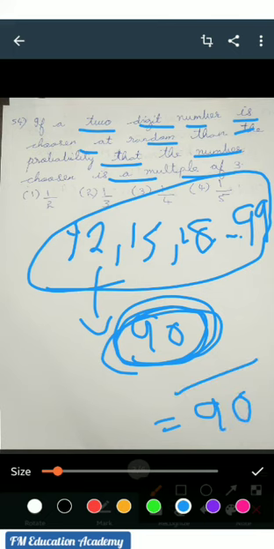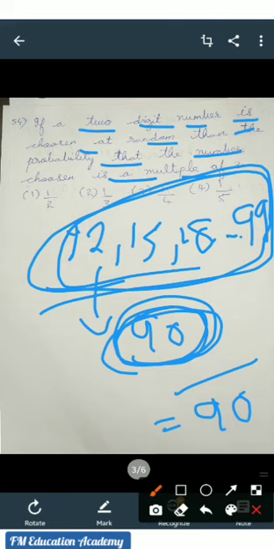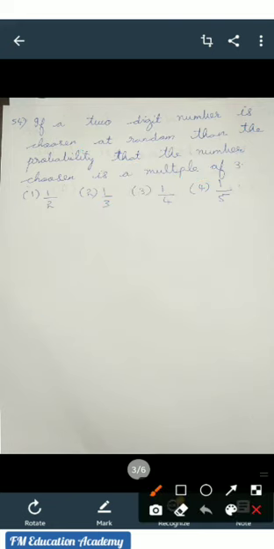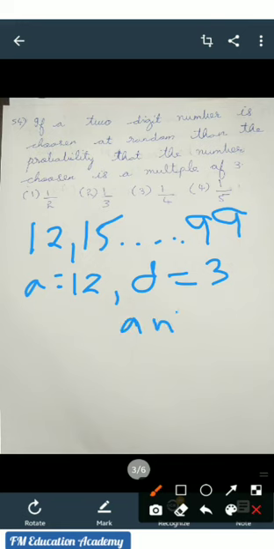And what will be the number of favourable outcomes? We have to calculate by this series 12, 15, 18, up to 99. So let us do that now. Our series is 12, 15, up to 99. So a is 12, d is 15 minus 12, that is 3, and an is 99.